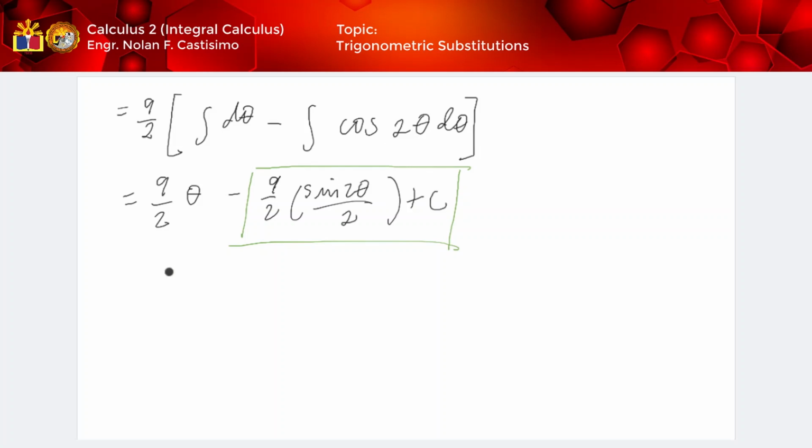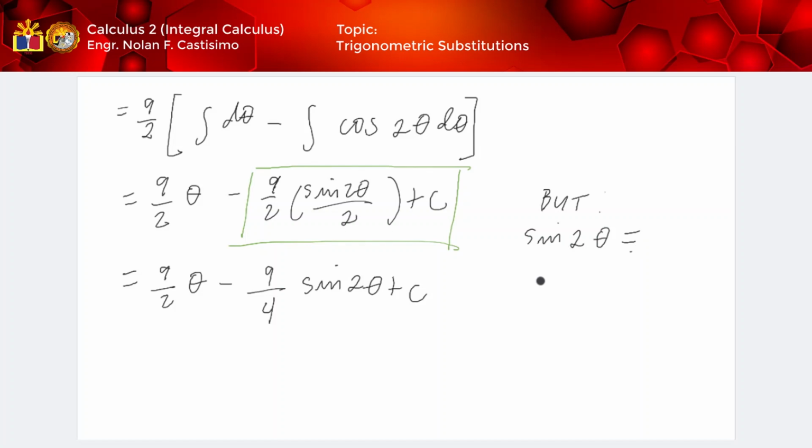And simplify lang natin. 9 over 2 theta minus 9 over 4 sine 2 theta plus c. But, so, using trigonometric identities, sine 2 theta is equivalent to 2 sine theta cosine theta.